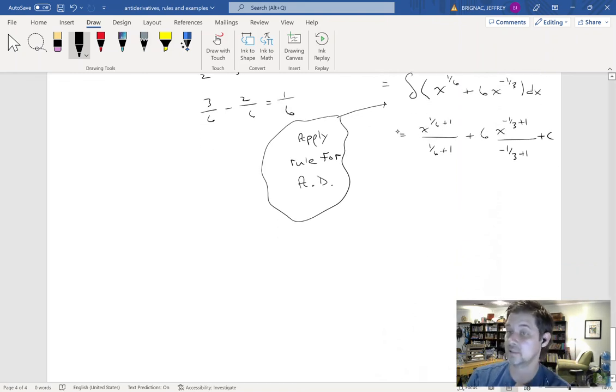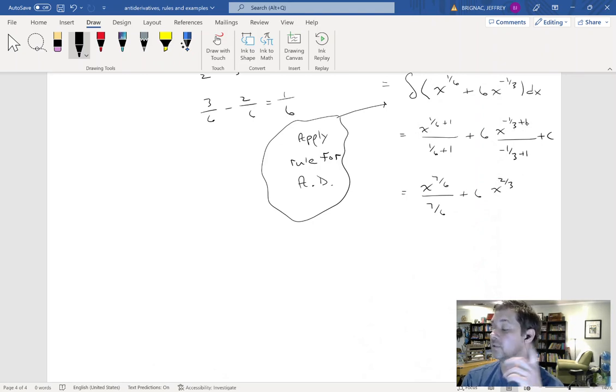As far as these numbers go, 1 over 6 plus 1 is going to be 7 over 6. Plus 6 times x to the... negative 1/3 plus 1, that's negative 1/3 plus 3/3, 2/3. So again, 2/3, plus c.